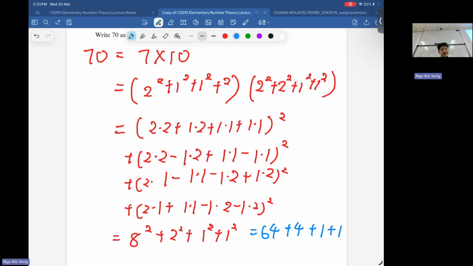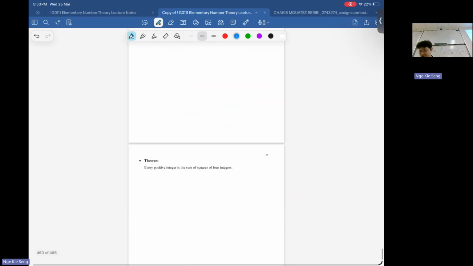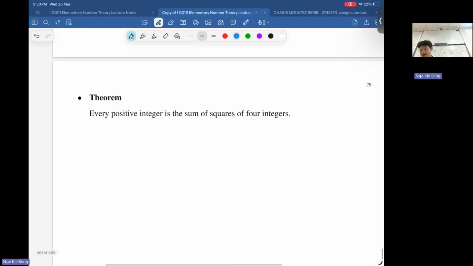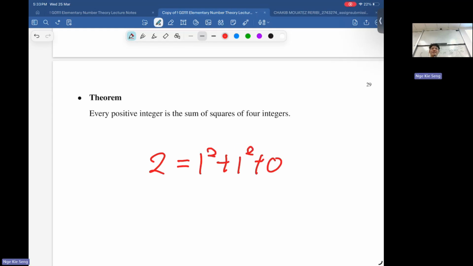We have to include the zero term if this statement is to make sense. Otherwise, how do you write 2 as a sum of 4 non-zero integer squares? It's impossible if you don't include the zero possibility. So we have to include the zero possibility.